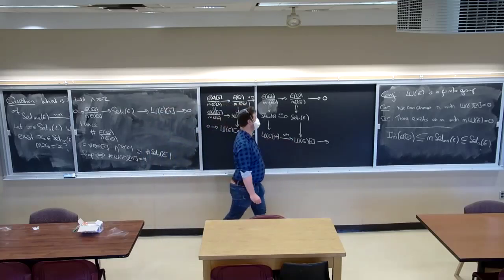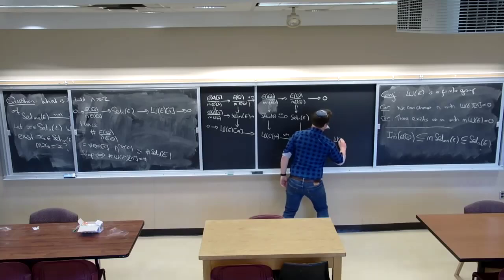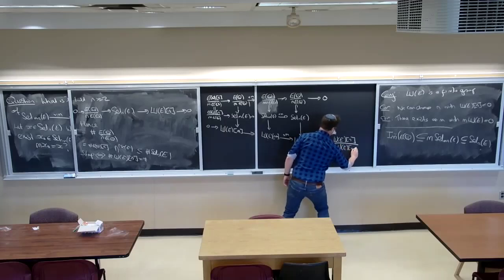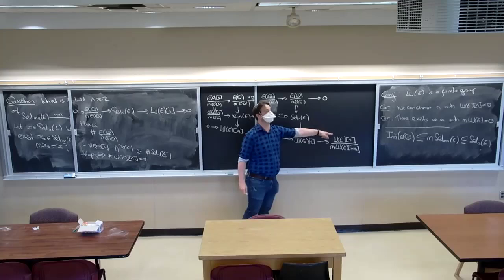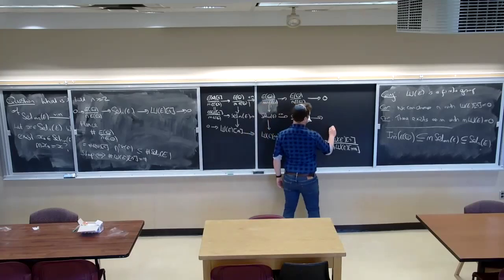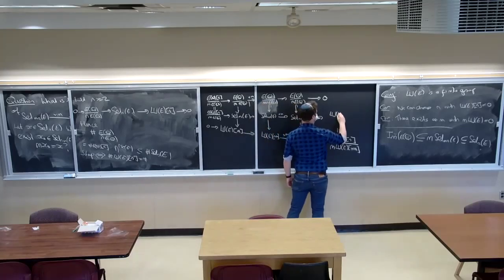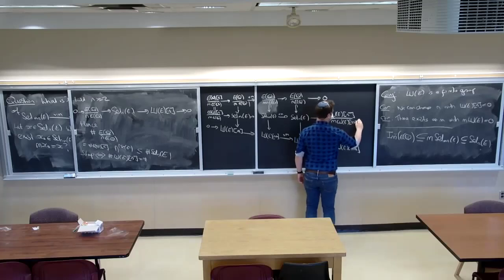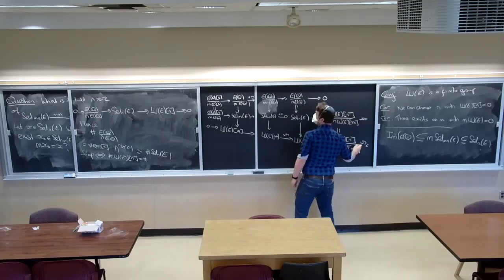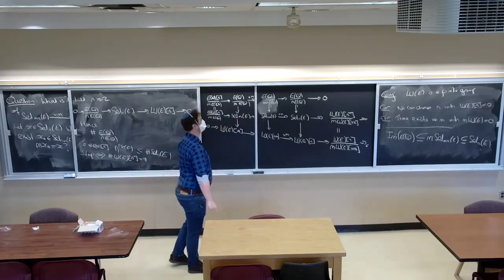It's just this modulo this, so it's going to be Sha(E)[n] modulo m Sha(E)[mn]. And then by chasing this through, the only thing that can go here is exactly the same thing. Okay. So this is my completed exact sequence.